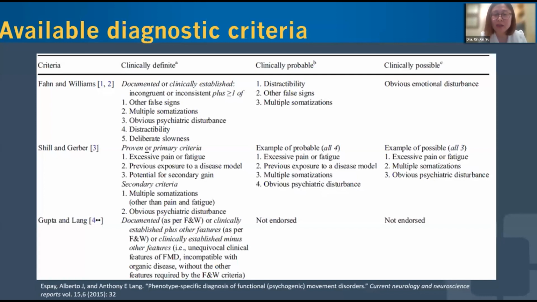As you see in the column of clinically possible definition, it is based on presence of emotional disturbance alone, which can create some controversy and concern for potential misdiagnosis, as many other organic disorders can be associated with emotional disturbances. There's also a category of documented FMD, which is defined as remission with placebo.